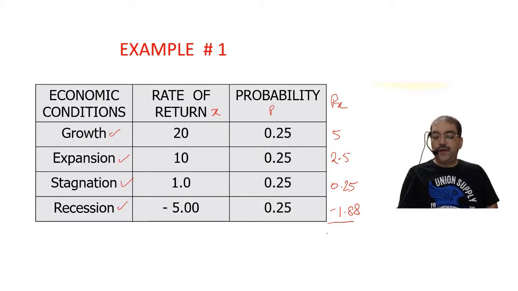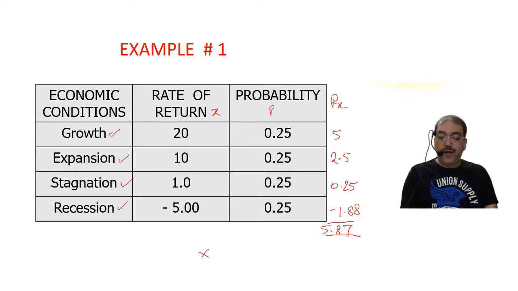Now the total of this I should take. So if I take the total of 5 plus 2.5 plus 0.25 minus 1.88, I will get something like 5.87. This is just an example, for you to understand that I will get this as 5.87. That means my average returns, that is x bar.